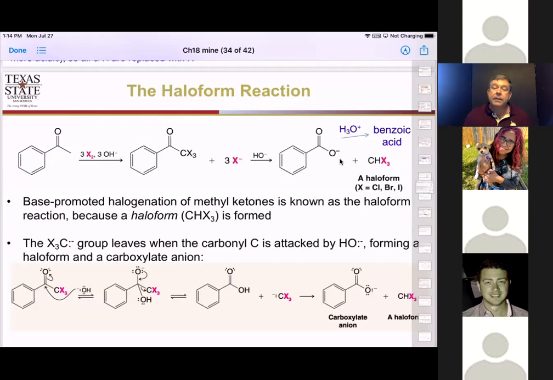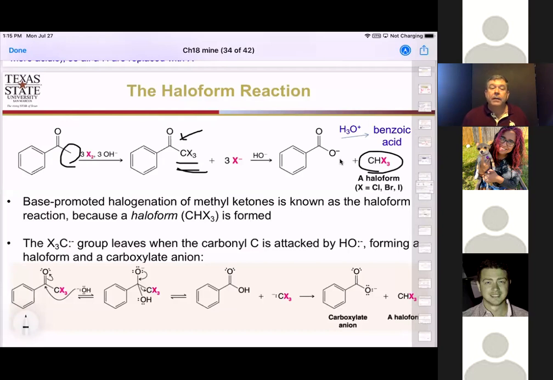It's the best leaving group of a carbon anion possible. So we get the substitution of all three alpha hydrogens to generate a trihalo carbon species. Now it's such a good leaving group that if you attack the carbonyl with a nucleophile, it's going to displace this trihalo carbon compound and generate a carboxylic acid.